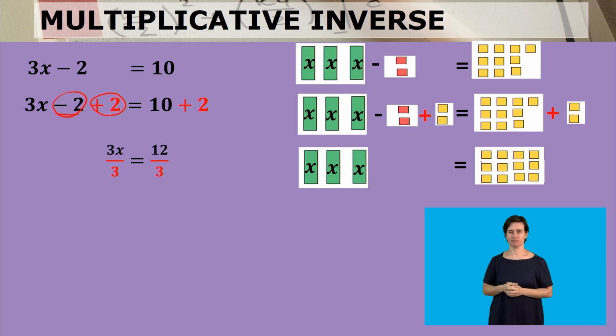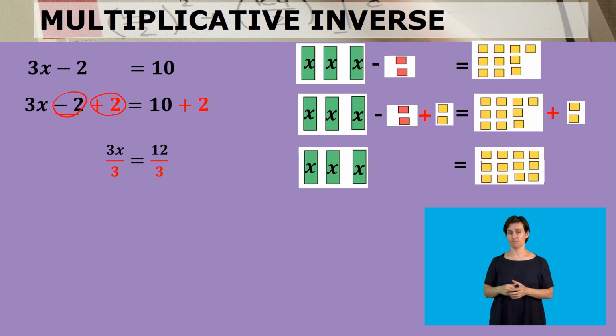And then now we need to find a multiplicative inverse of 3, which is a third, which means we are then going to divide by 3 to eliminate the 3 and remain with x. And as we do that, what we do on the left, we also do on the right. We're also going to divide by 3. Same with the model.